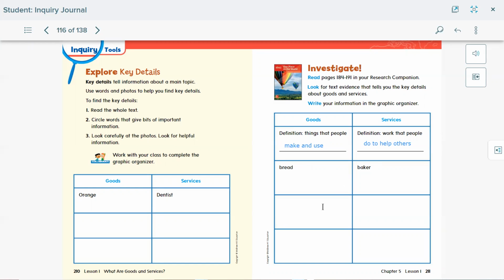All right, we need to add more goods and where the service comes from. So let's say if we talked about fruits and vegetables. Where do you think provides the service? Could be the farmer, very good.